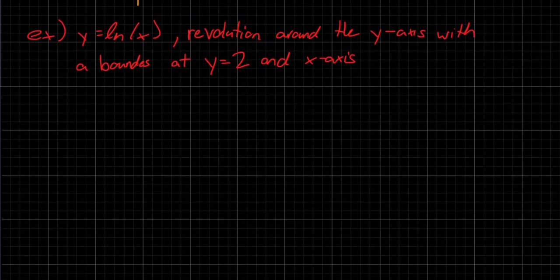Who can remember what the graph of ln of x looks like? Show me with your hands. It's a log function. What does a log function kind of look like? Think about what quadrants you're in for logs. When we're not shifting it left or right, or up or down, really.